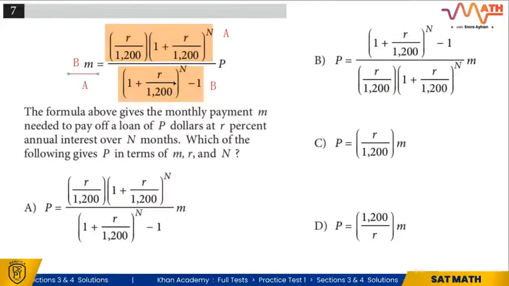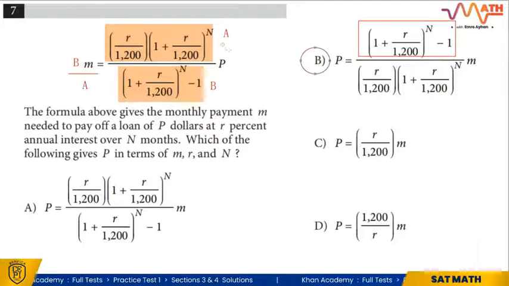When you look at the options, look for the one where that expression is the numerator. So in A, it is not, right? So B, look at B here. When you look at B, you'll see the term B here, which is in the numerator. So this is going to be the correct answer.